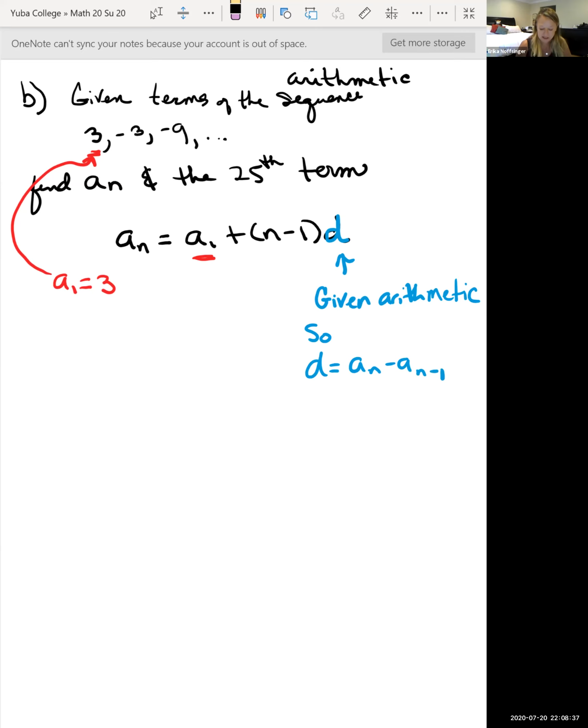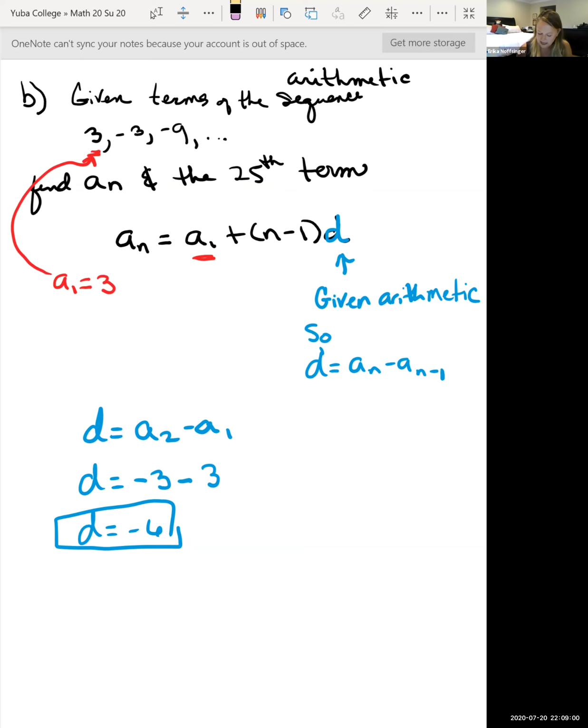Well, we're given terms in the sequence. So d could be the same thing as a sub 2 minus a sub 1. So d could equal the second term, which is negative 3, minus the first term, which is 3. So I get d is negative 6.